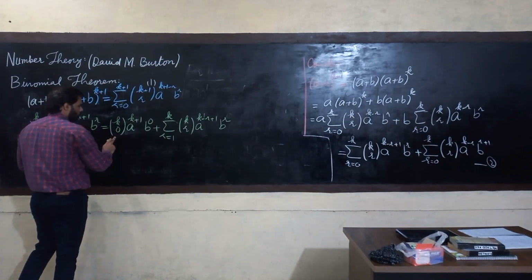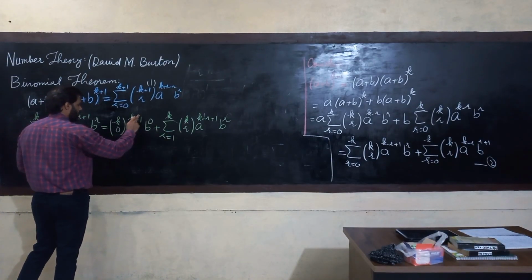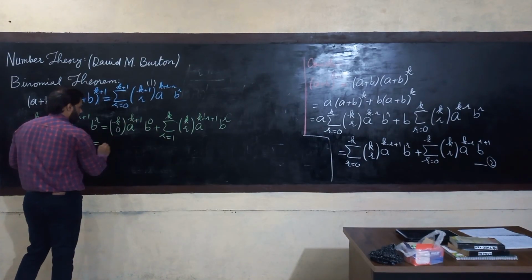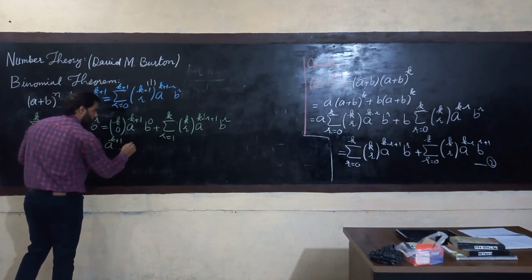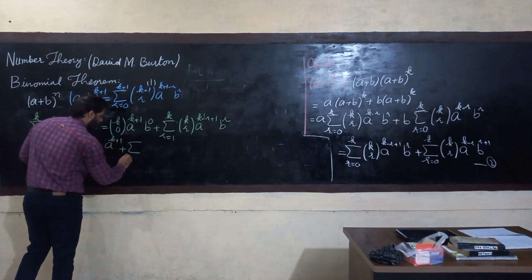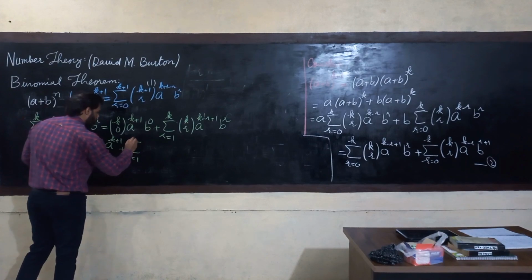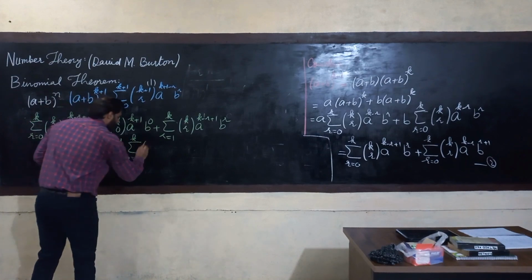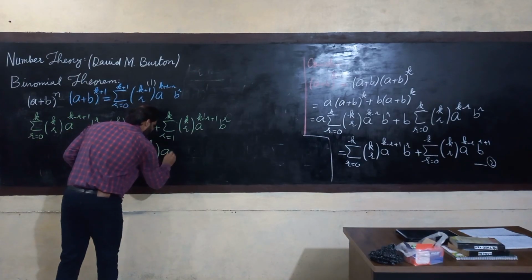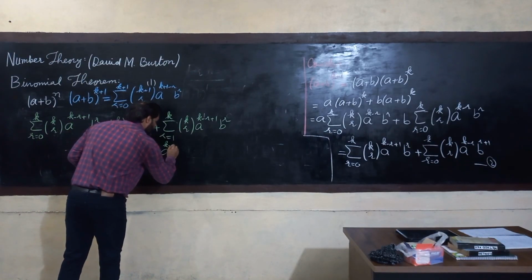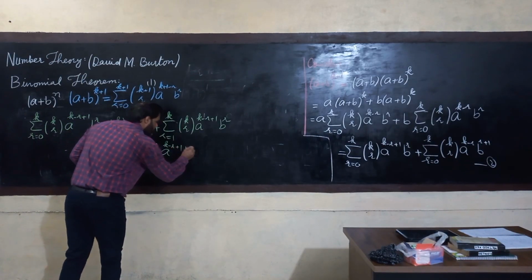K choose 0 is equal to 1. This is a whole power k plus 1, and the rest is same as r is equal to 1 to k, k choose r, a raised to power k minus r plus 1, b whole power r.